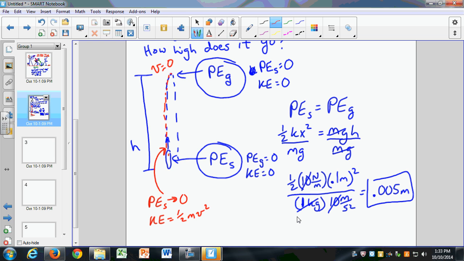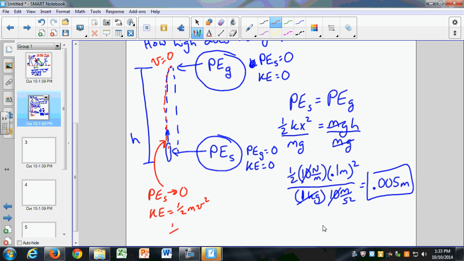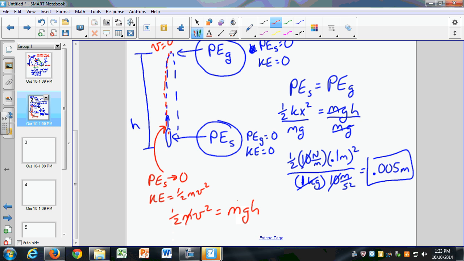We can figure out what that maximum value is because now we can just say 1/2 mv squared, that's the kinetic energy at the bottom, is equal to mgh, the potential energy at the top. Masses cancel again. Looking for V. Multiply both sides by 2.